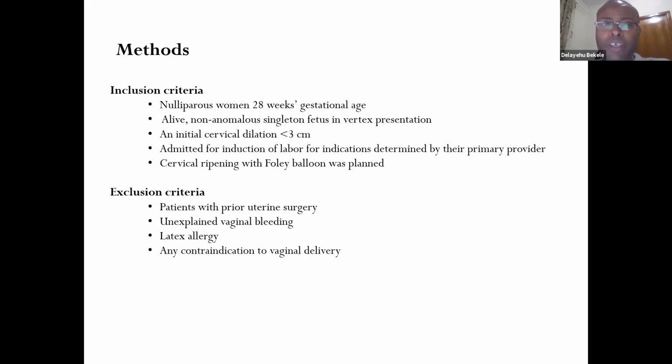Specifically, the inclusion criteria were nulliparous women with 28 weeks of gestational age and above, with an alive, non-abnormal singleton fetus in vertex presentation and with an initial cervical dilatation of less than 3 centimeters, who were admitted for induction of labor as determined by their primary provider, and cervical ripening with Foley balloon was decided.